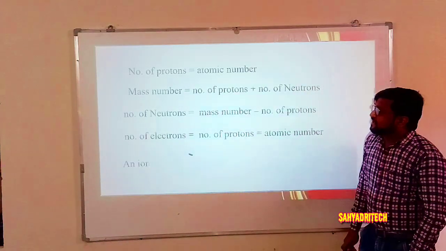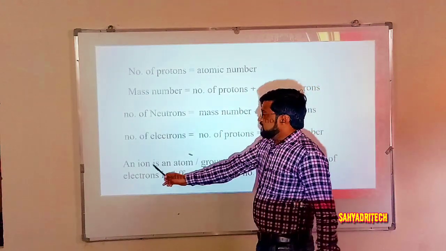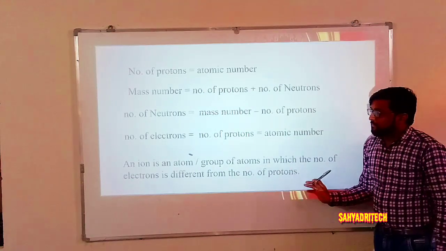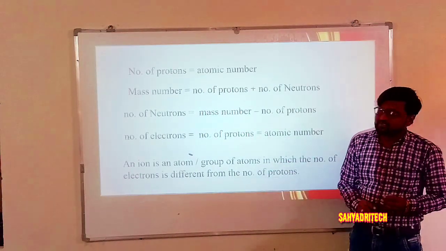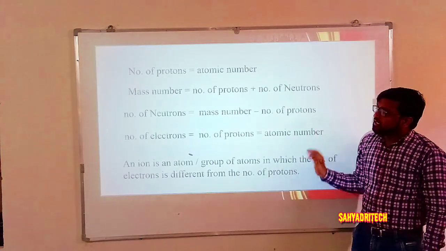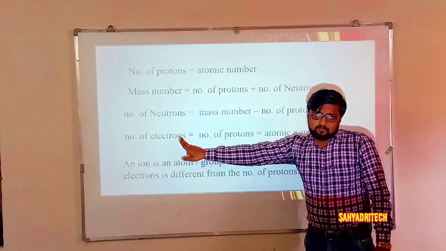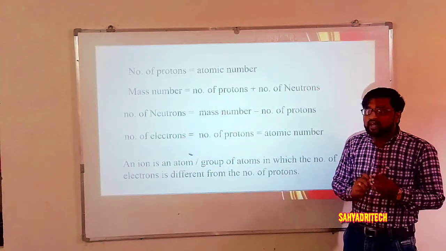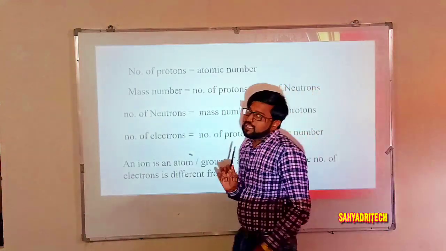Well, then if it is an ionic species, an ion is an atom or a group of atoms in which the number of electrons is different from the number of protons. So what is the noticeable thing here? If it is a neutral species, the number of protons will be equal to the number of electrons, but if it is an ion, remember, the number of protons is not equal to the number of electrons.